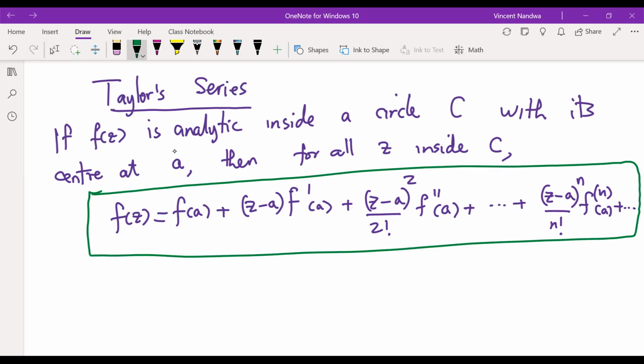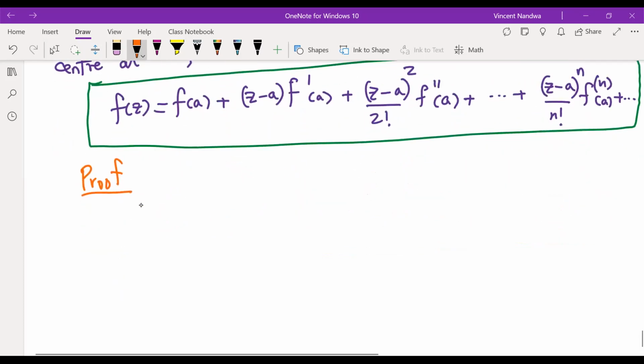So I provide the proof for this. Proof. We consider z to be any point inside the circle C, then construct another circle C1, which contains z in its neighborhood, such that this new circle C1 has a radius less than the radius of the circle C. So this is what I mean.